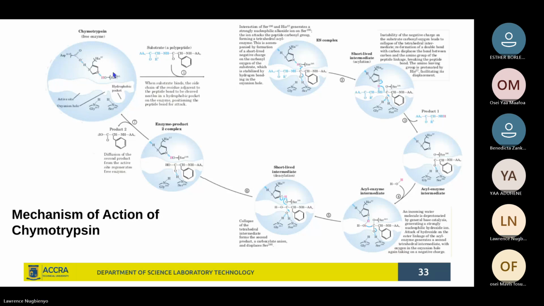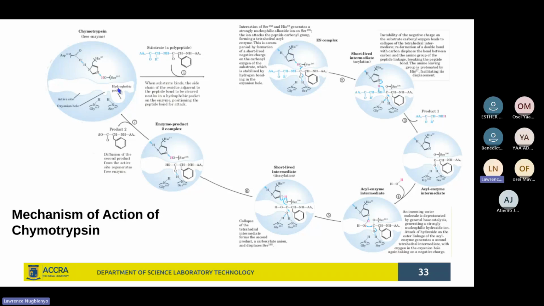Now, the white, unshaded portion of the enzyme is the active center of the enzyme, sort of a pocket inside the molecule. And you see that this portion is labeled, with different portions of it.